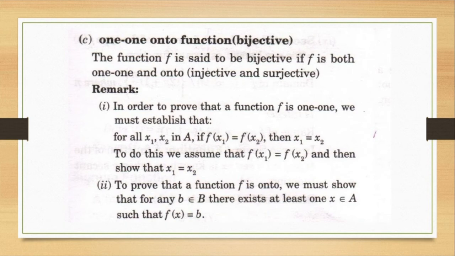Bijective function: the function f is said to be bijective if f is both one-one and onto, injective and surjective.